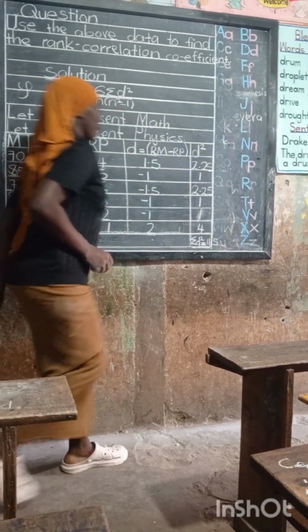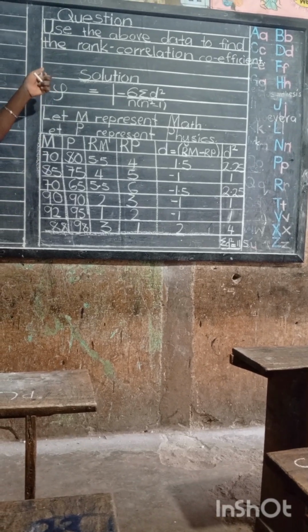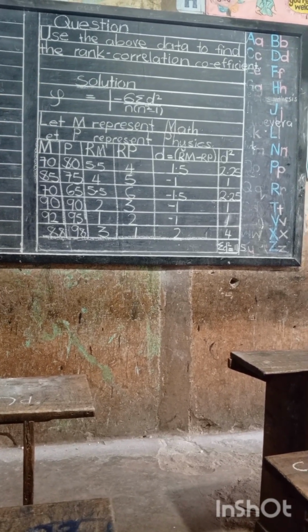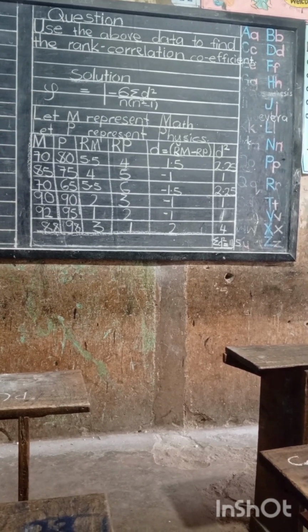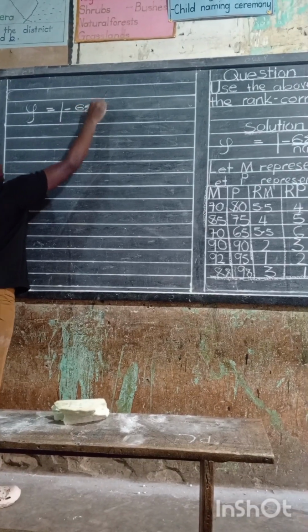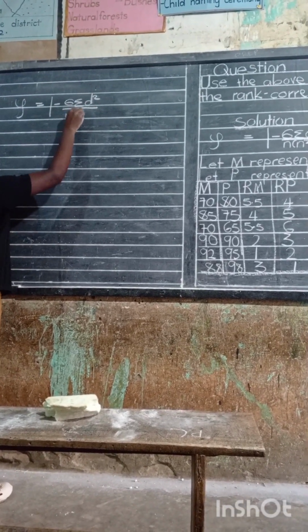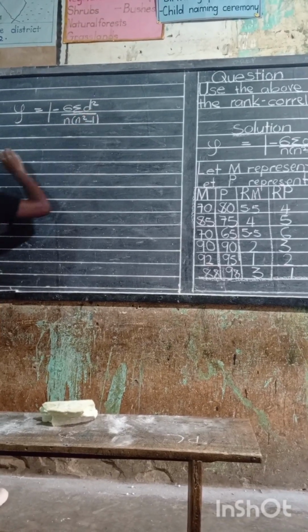After drawing my table like this, I continue because they asked for the rank correlation. So I'm going to go straight and I just substitute into my formula, which is 1 minus 6 times the summation of this squared out of n into n squared minus 1.